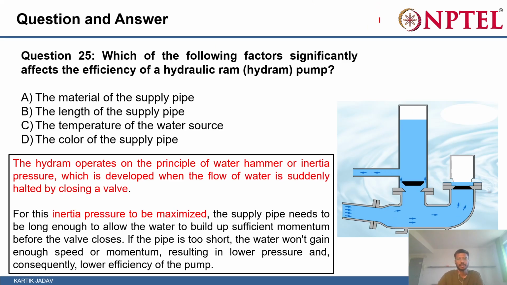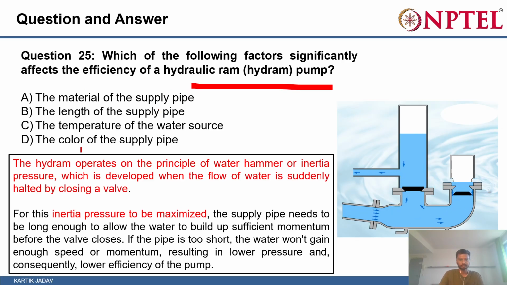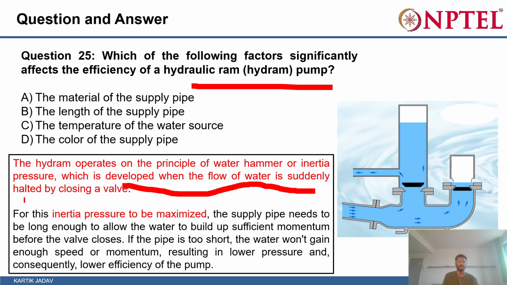Which of the following factors significantly affects the efficiency of a hydraulic ram or hydram? So this is the hydram. A hydram operates on the principle of water hammer or inertia pressure, which develops when the flow of water is suddenly altered by closing a valve.